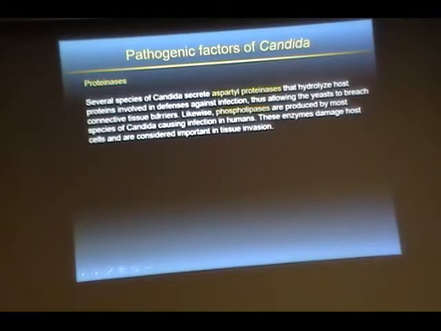So, for example, if the host is producing an antimicrobial peptide, they have aspartyl proteinases to cleave those and then bypass the innate antimicrobial peptide production by the host immune system. Okay, so they also have phospholipases that can cleave a lot of lipids produced by the host, and thus they can lead to damage in the epithelial cell and cause tissue invasion.